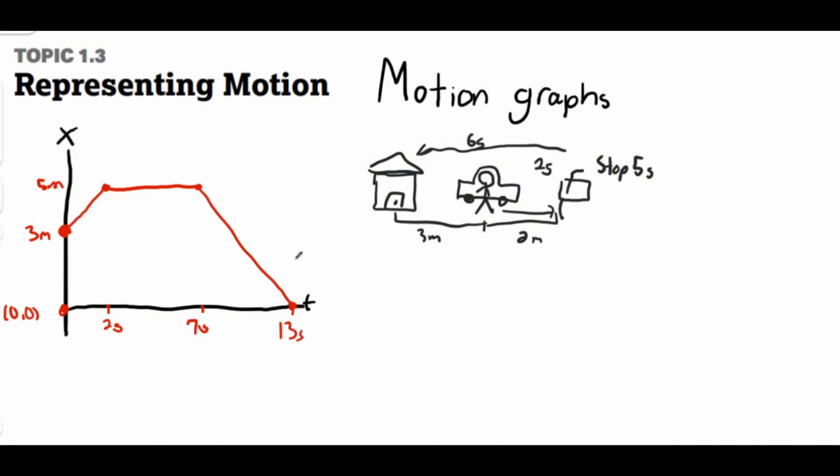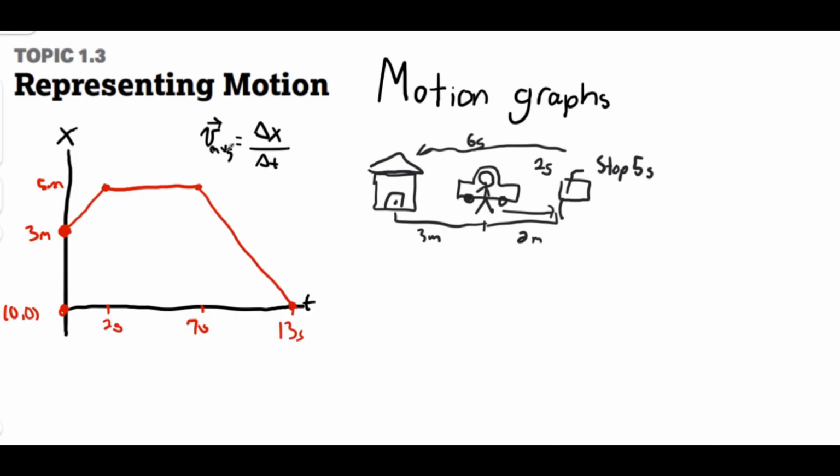Now, what if we wanted to represent this motion not with our position? What if we wanted to represent it with our velocity? Well, how do we get velocity from position? If you remember, the definition of average velocity over an interval is the change in x, change in position, over the change in time.